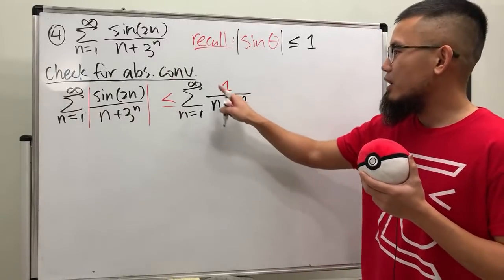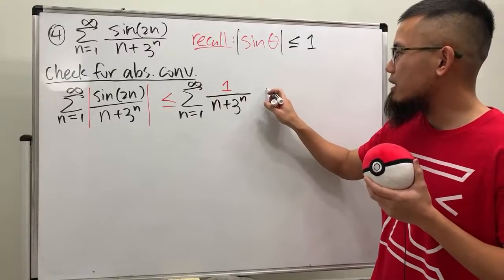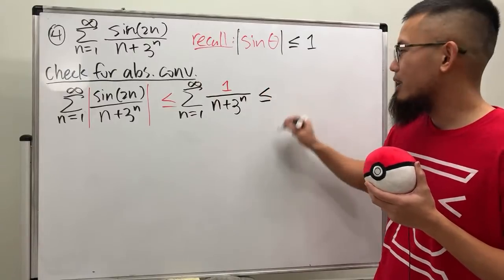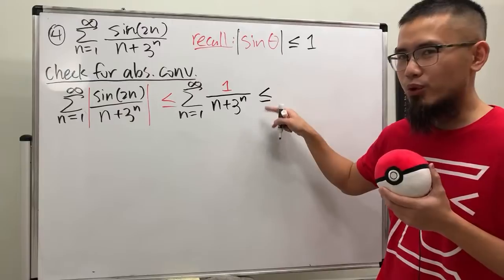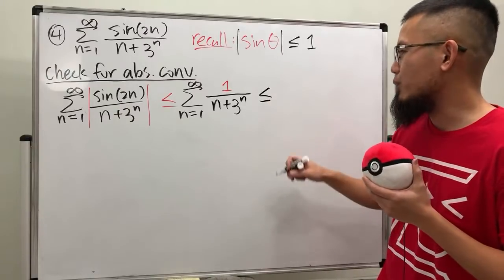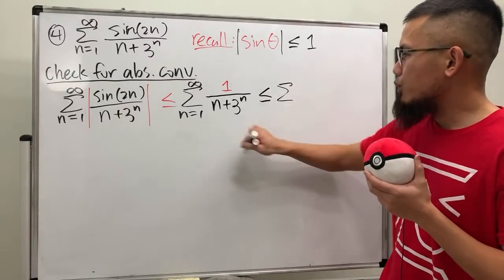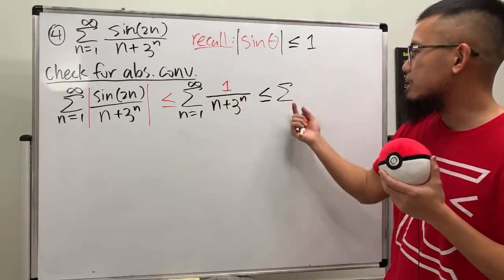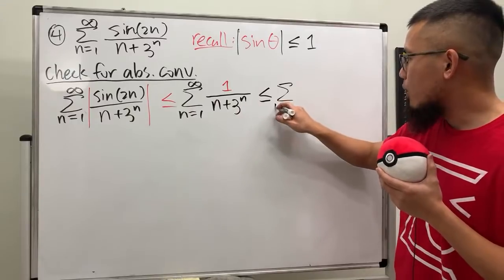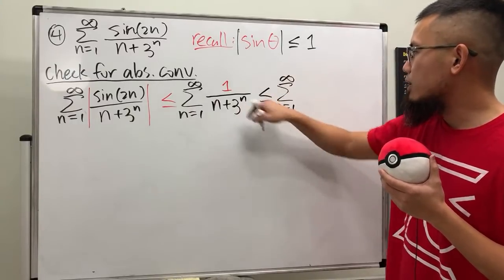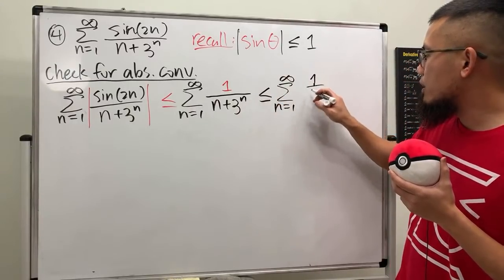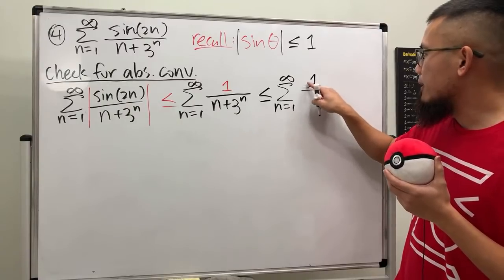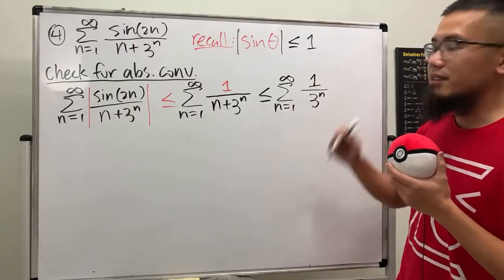Have a look. You know this right here, it's going to be less than or equal to. In fact, you don't even need to have the equal to, but it doesn't hurt when you put down equal to. Anyway, you can actually just remove the positive n on the bottom, and then this guy will still be less than or equal to the series as n goes from 1 to infinity of 1 over 3 to the n, like this.